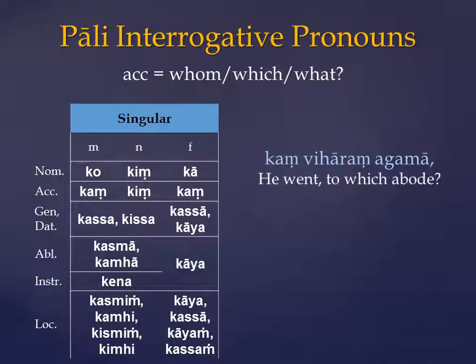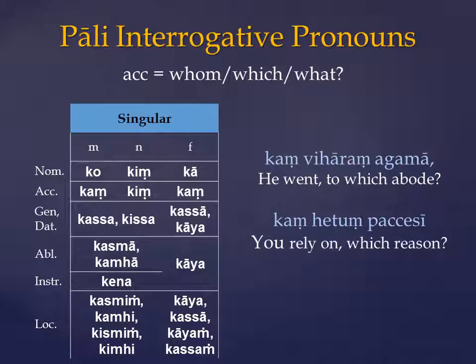So we can see that the question is about which abode he went to. Similarly, in the sentence kang hetung pachesi, the verb ends in si, so is in second person, meaning you rely on, and again the two nouns are in accusative case to form a unit, asking what reason, or you rely on which reason.